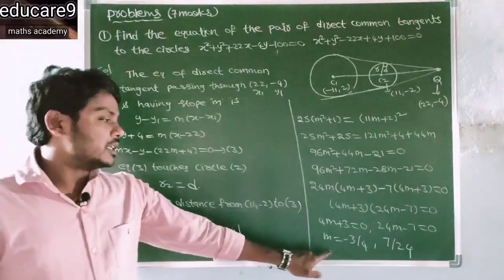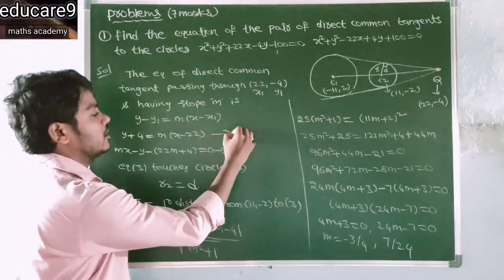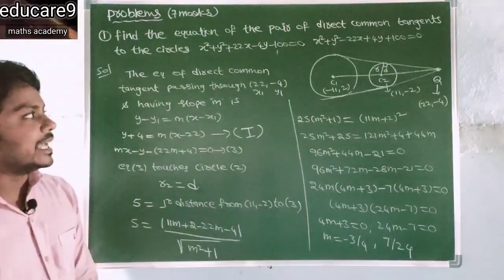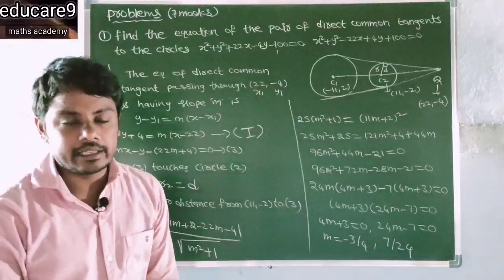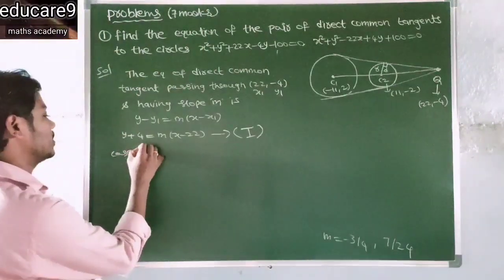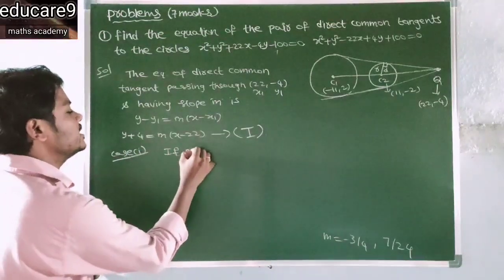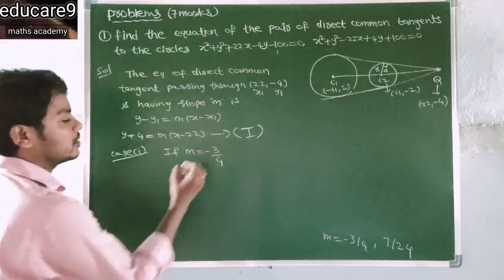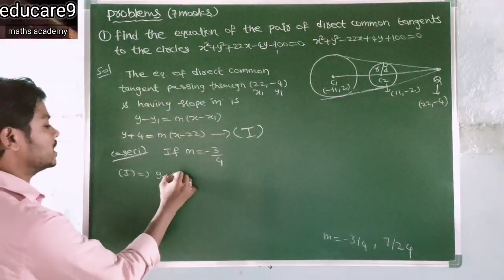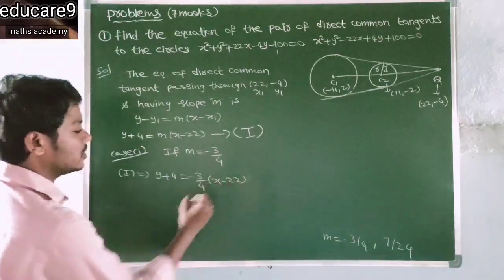Now substitute these m values in equation 1. So we will get the required tangent equations. So now case 1. If m is equal to minus 3 by 4, so therefore equation 1 implies y plus 4 is equal to minus 3 by 4 into (x minus 22).